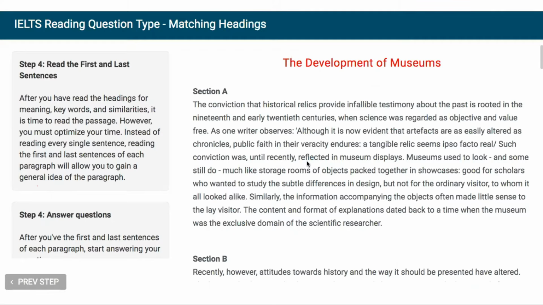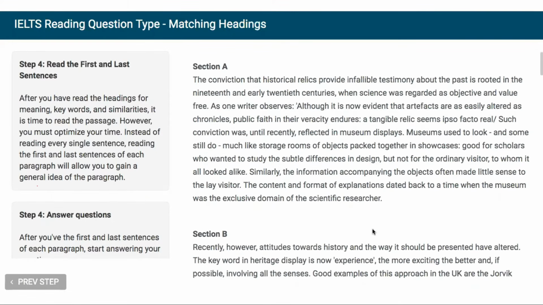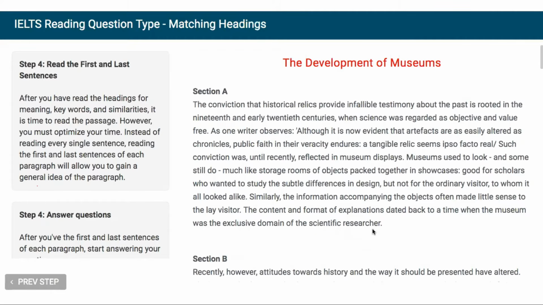So instead of reading every single sentence in this paragraph and in these sections, we're just going to read the first and last sentences of each paragraph because it'll give us a general idea, and the general idea is what we need because the headings, remember, are general ideas, okay?